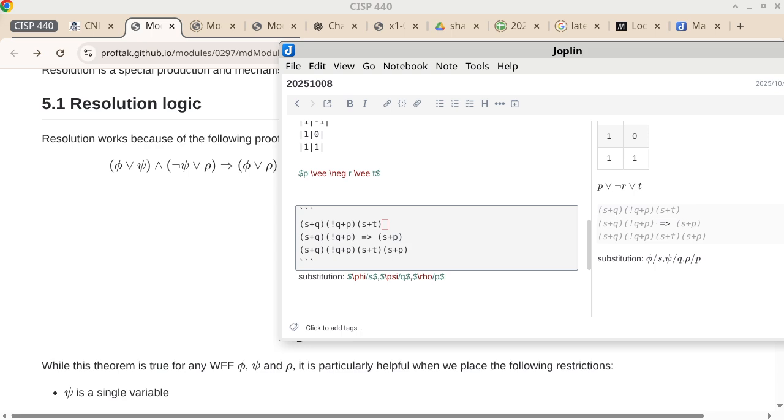So if that is true, and the first two items of the conjunction imply this, can I conclude that I can just attach whatever is implied, and this whole thing is also guaranteed to be true? Yes or no? Yes. Okay.